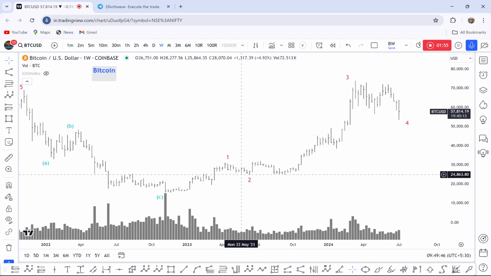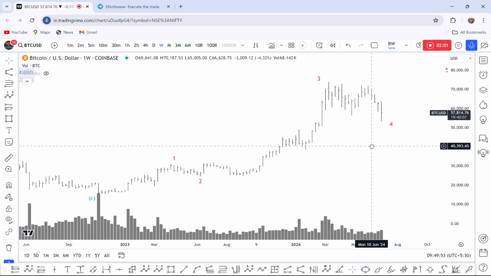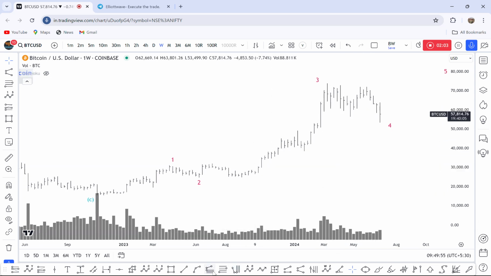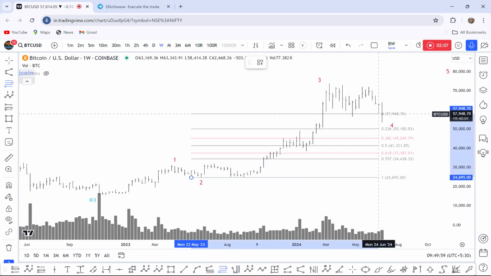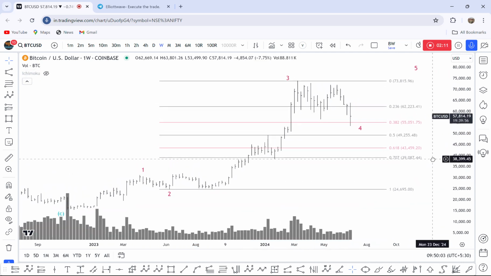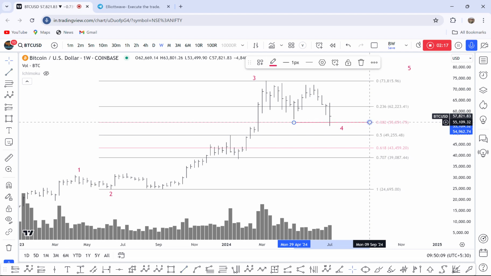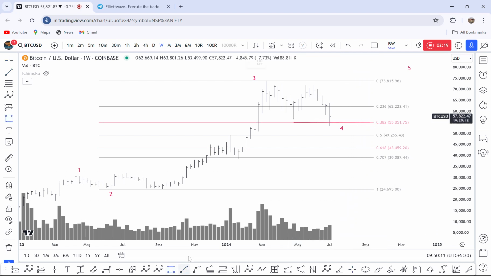If the second wave is shallow and simple, then we may see a fourth wave deep and complex. Here this may be deep, so where will it complete? 38.2 is near 55, we have already seen, and these two levels are pending.